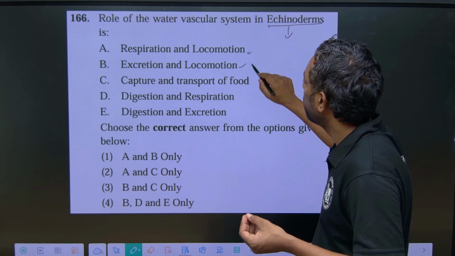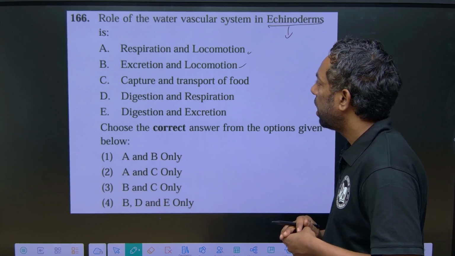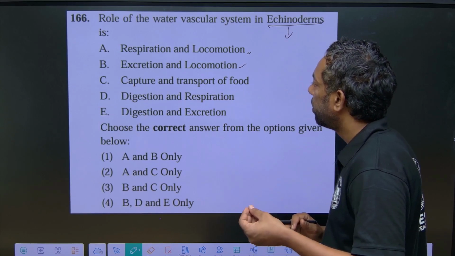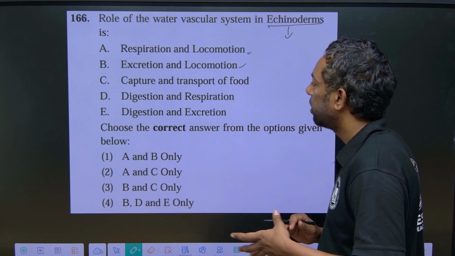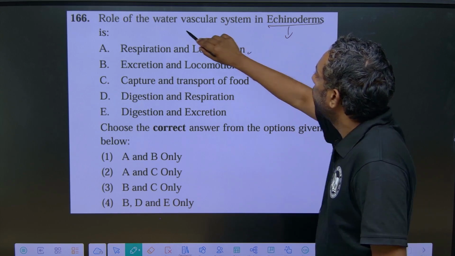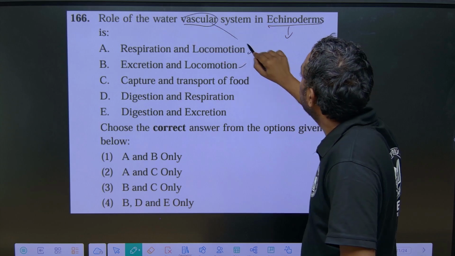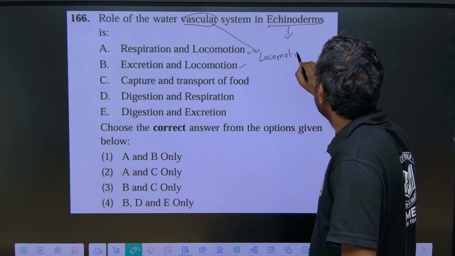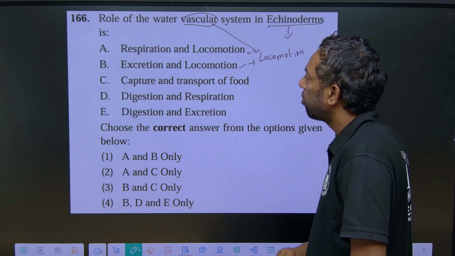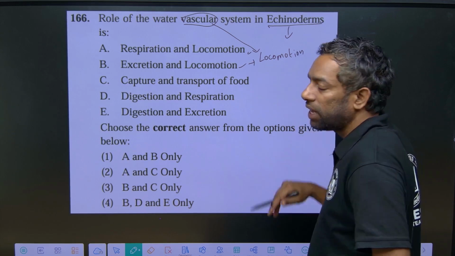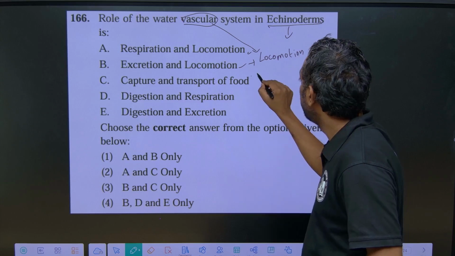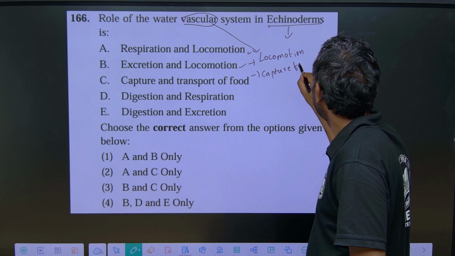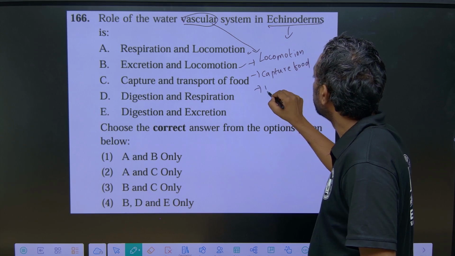Locomotion, obviously locomotion, and respiration or excretion or capture of food, digestion of food. Actually the water vascular system is for locomotion, and they can move and capture the food. After that, capture food, and respiration also.